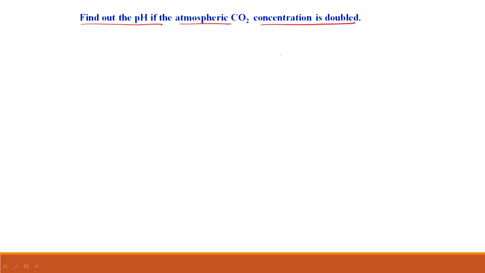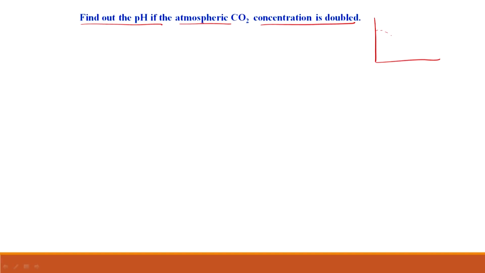Before we try to calculate that, you can develop a sense of how things work. So, keep in mind that pK1 is 6.3, right. Earlier, at 317 times 10 power minus 6 carbon dioxide concentration, we calculated the pH to be 5.6.